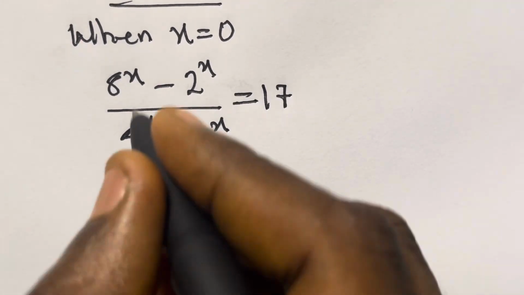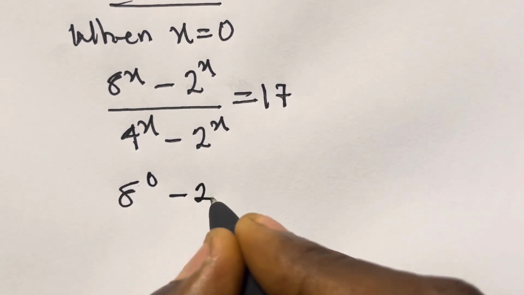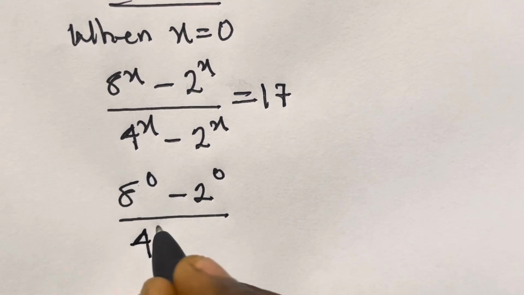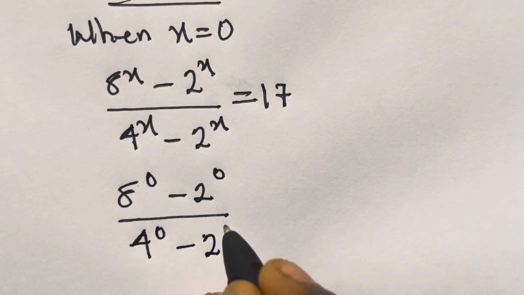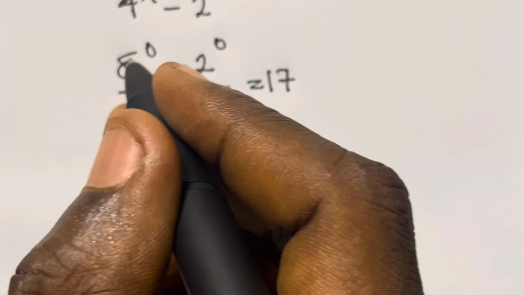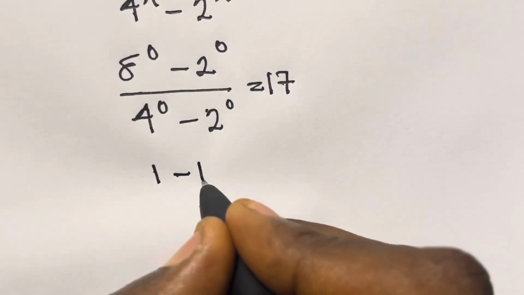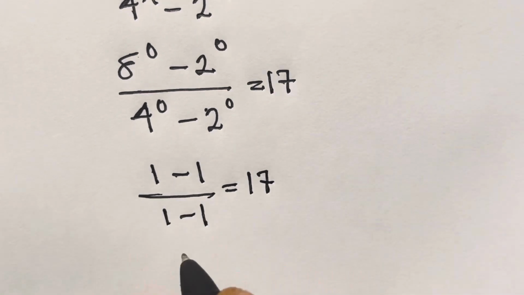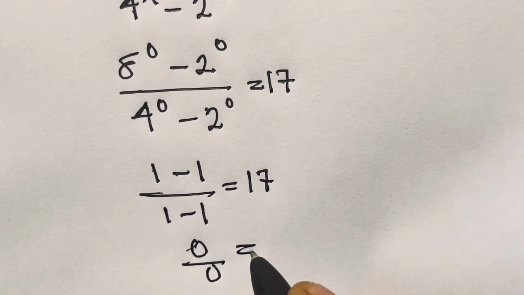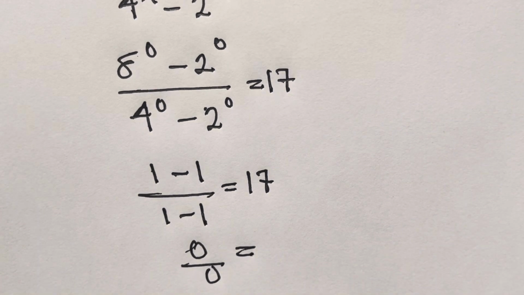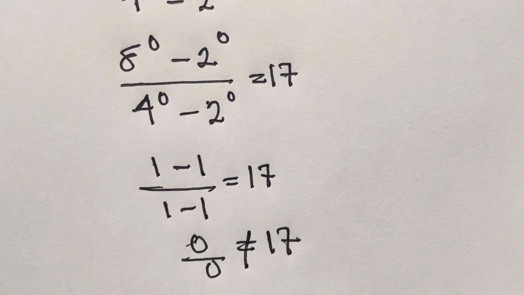We have 8 raised to power 0 minus 2 raised to power 0 divided by 4 raised to power 0 minus 2 raised to power 0 is equal to 17. 8 raised to power 0, that is 1 minus 1 divided by 1 minus 1 equals 17. We see this is 0. See that the left hand side is not equal to the right hand side.